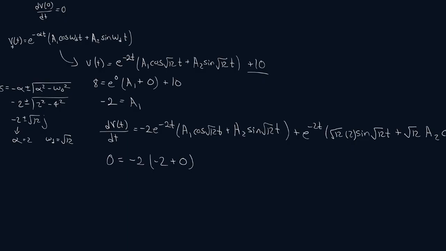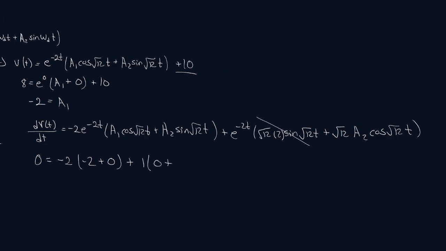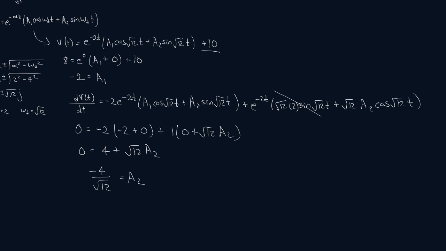Oh yeah, and recall A1 was minus 2 plus 1 times, okay, this is all 0, plus the square root of 12 A2. Now this will just be 4 plus the square root of 12 A2. So it'll be minus 4 over the square root of 12, and this is A2. Okay, so that's done.